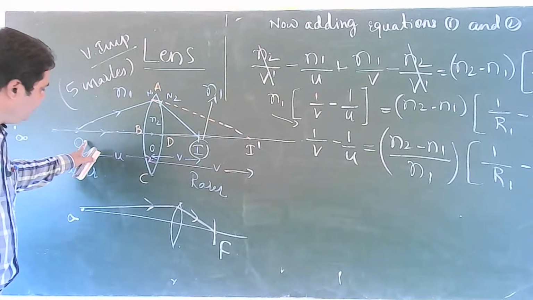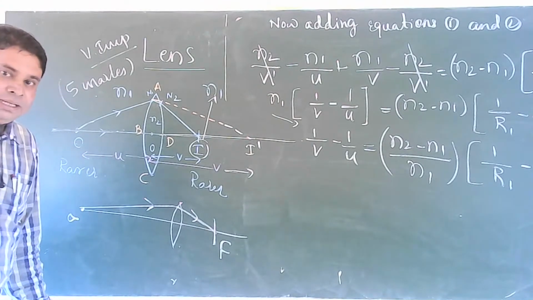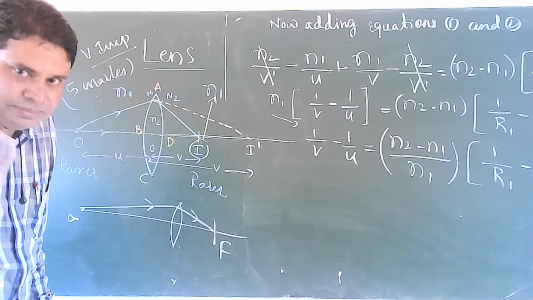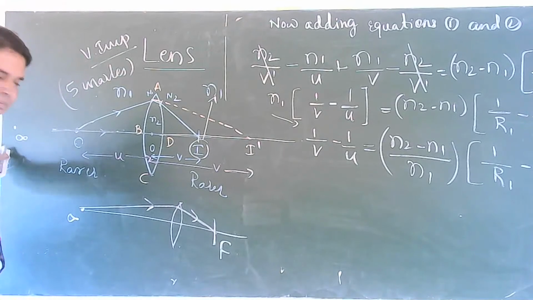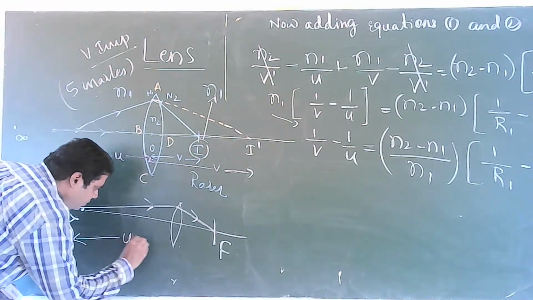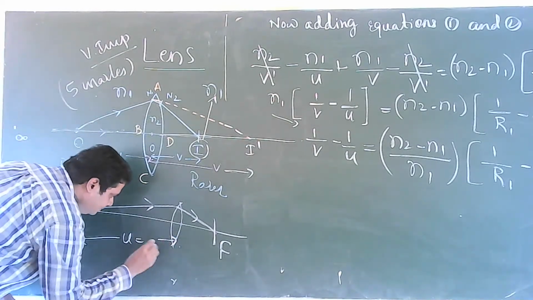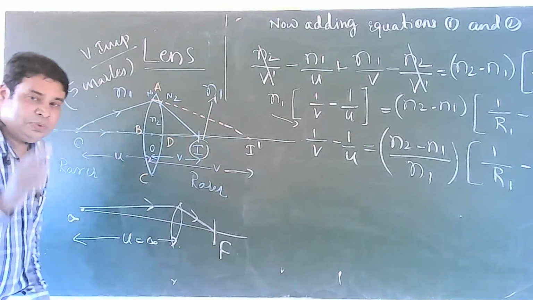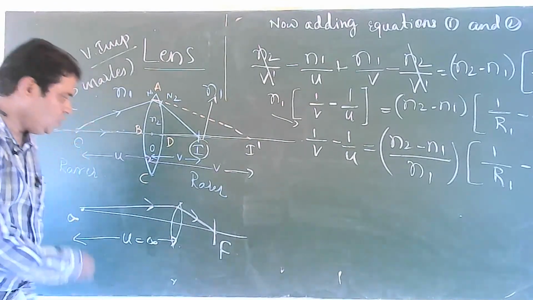Imagine you are placing this object at infinity. This distance u is equal to infinity. You just put that object and place it at infinity.